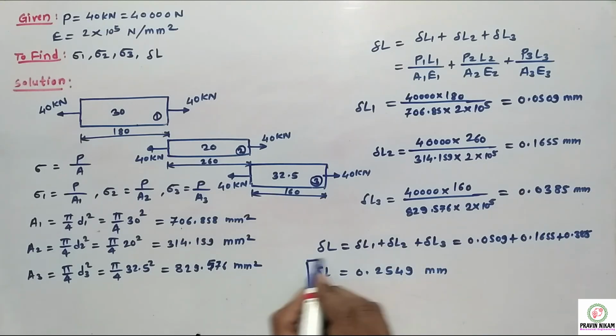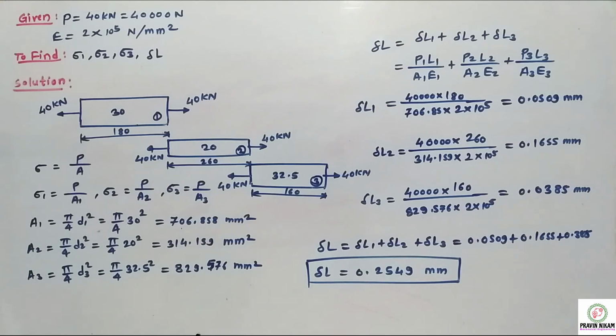So this is the final answer. So this is the simple method to find out total extension of the bars in series, or bodies in series, and stresses in each section of the composite figure. So thank you very much.